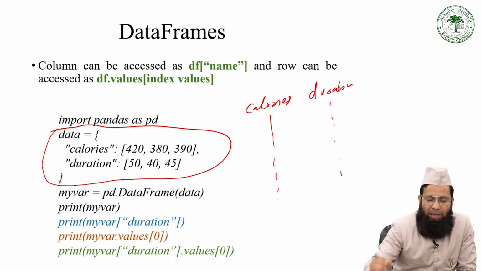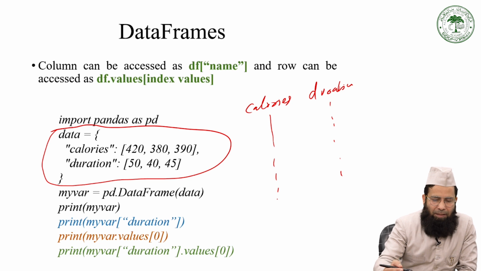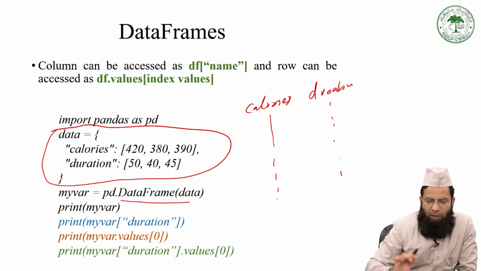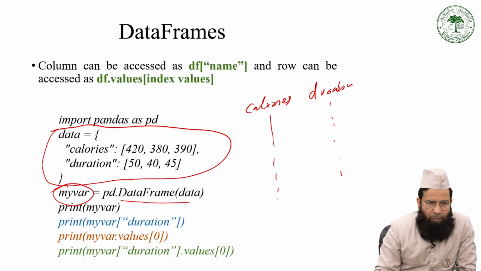That's why it is multi-dimensional, right? First of all, we will prepare the data. In this case, it is in the form of a dictionary, and this dictionary would be passed to a Pandas data frame.